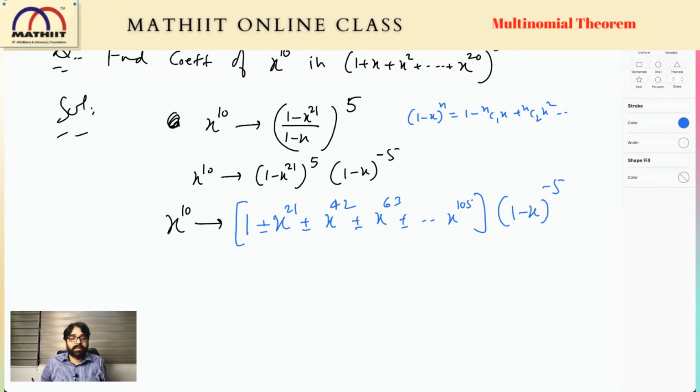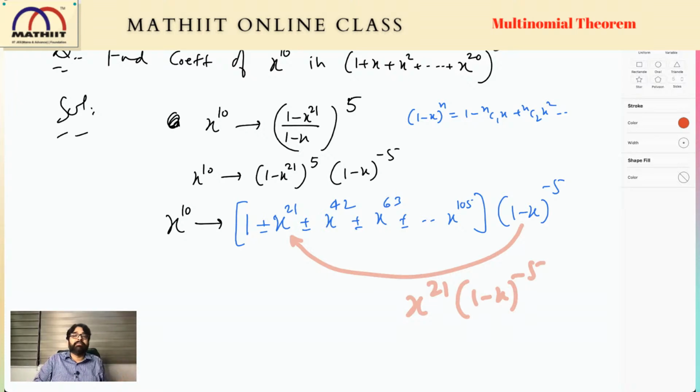Now, is there any use to multiply this here? No use, because x power 21 into 1 minus x power minus 5 cannot give you x power 10. Because to get x power 10, this should give you x power minus 11, which is not possible. So there is no use of multiplying here, here, or here. If you multiply also, they will give the 0 coefficient.